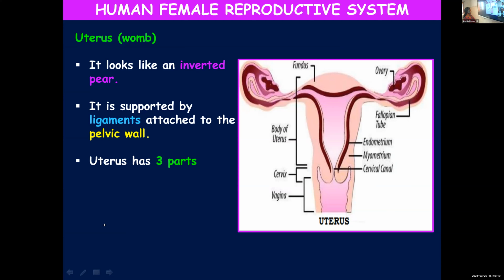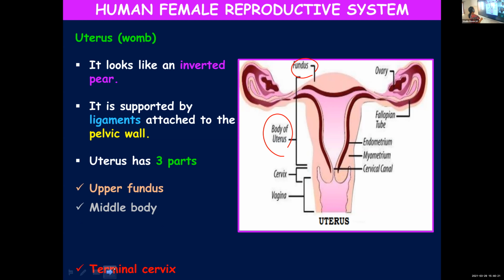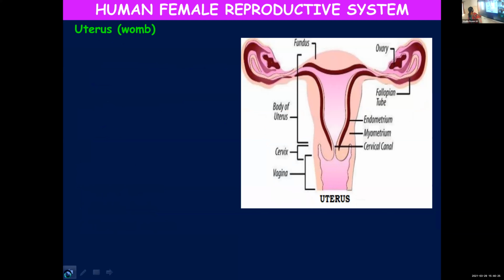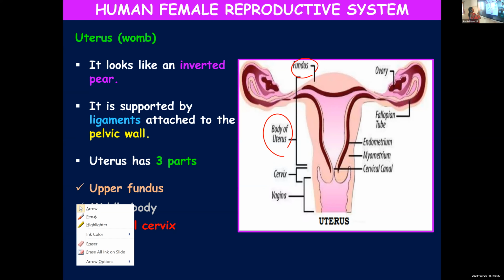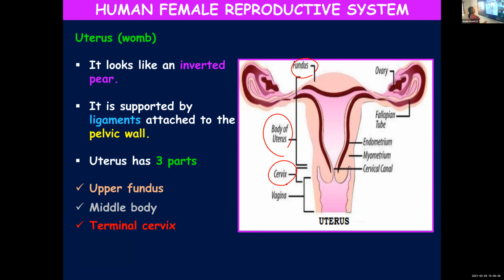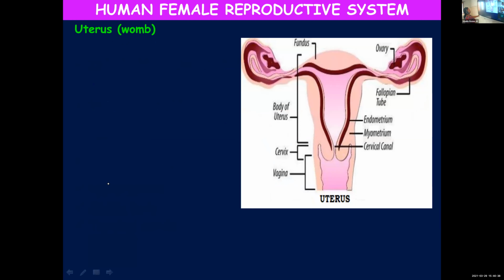As you can see in the figure, upper fundus, then the middle body and terminal cervix. Cervix leads into vagina.